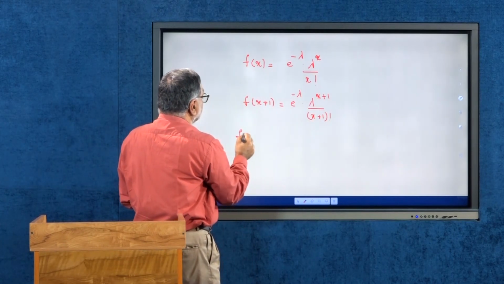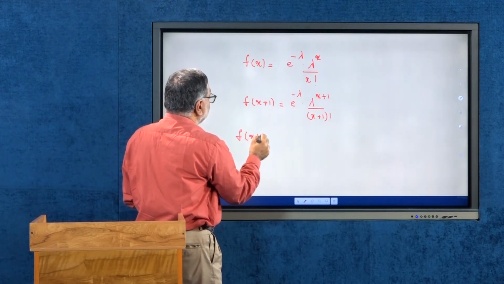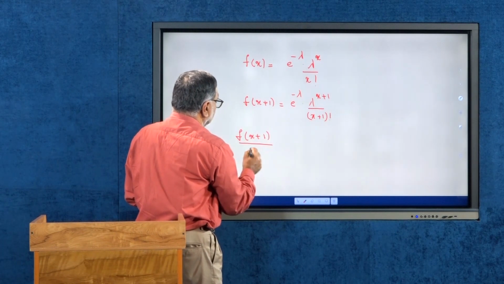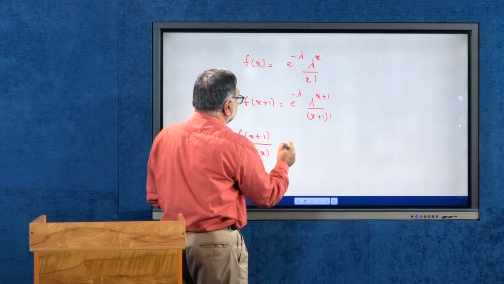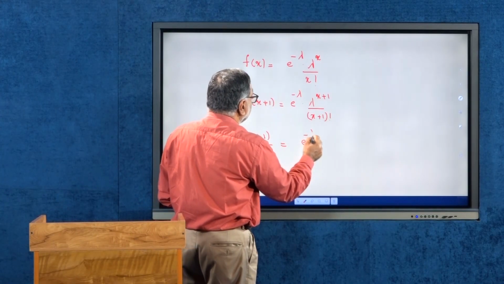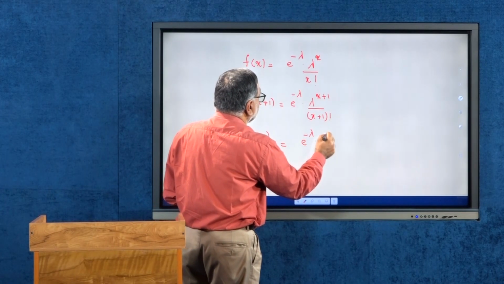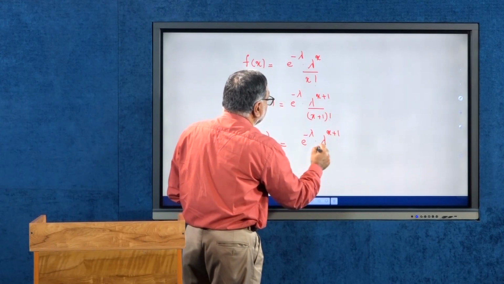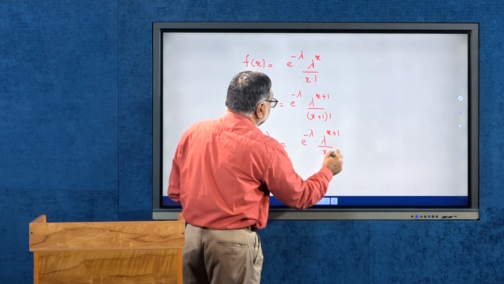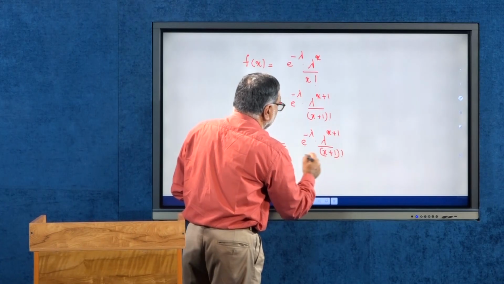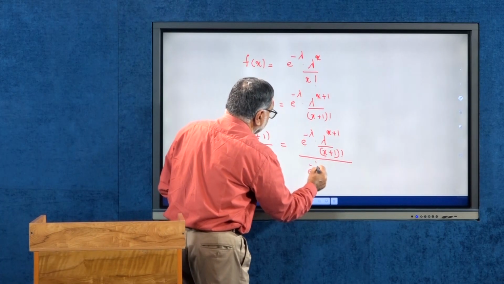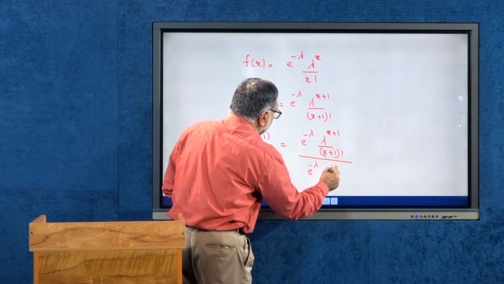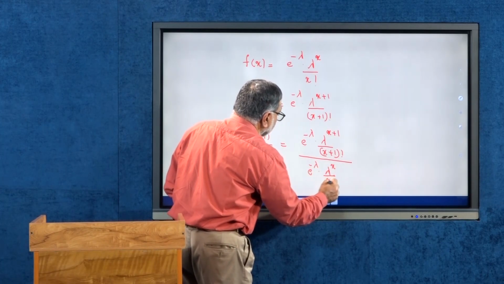Consider the ratio between these two values, f of x plus 1 divided by f of x, and that is e power minus lambda, lambda power x plus 1 divided by x plus 1 factorial, the whole divided by f of x, that is e power minus lambda, lambda power x divided by x factorial.